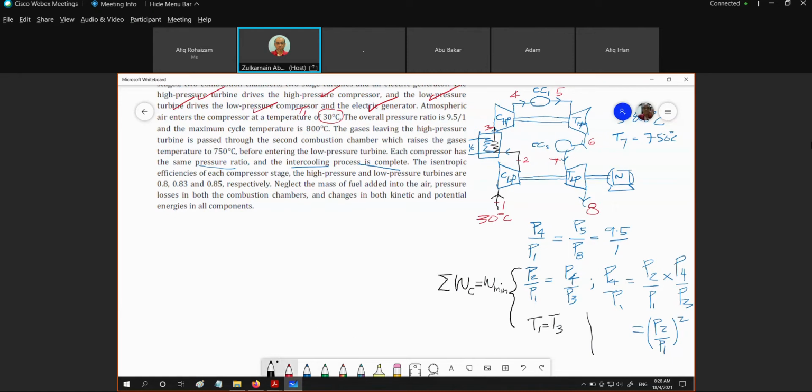The extra states that we have to look for: particularly for the low pressure compressor, we need to define what is T2S. As for the high pressure compressor, we need to define T4S.